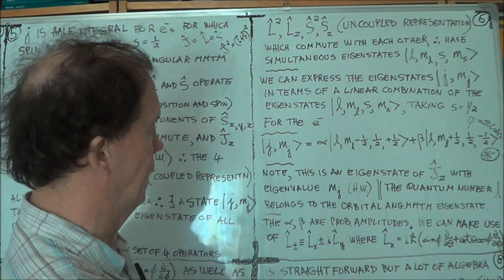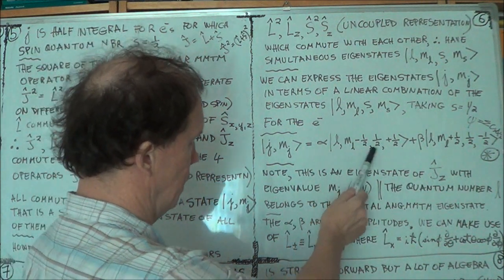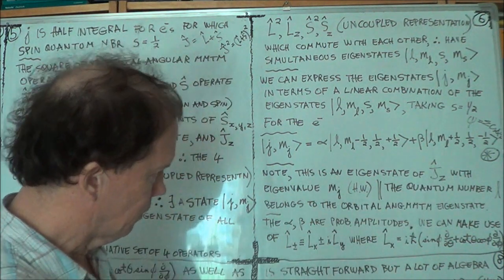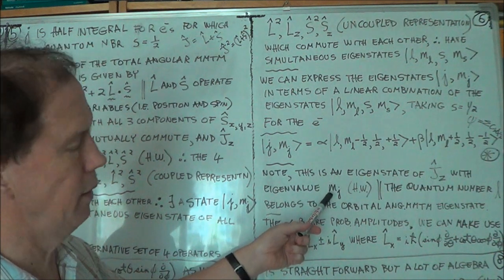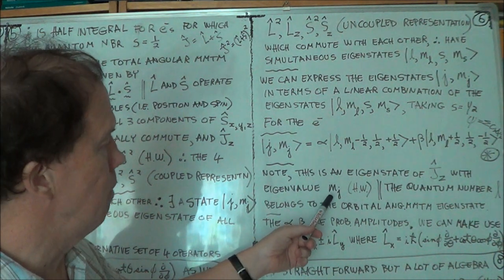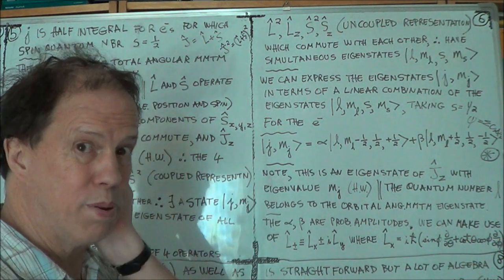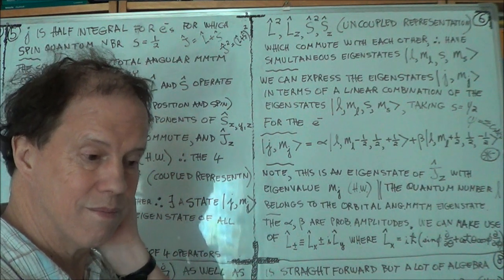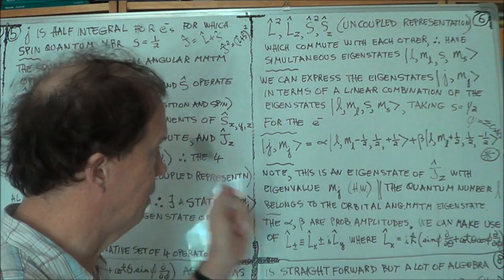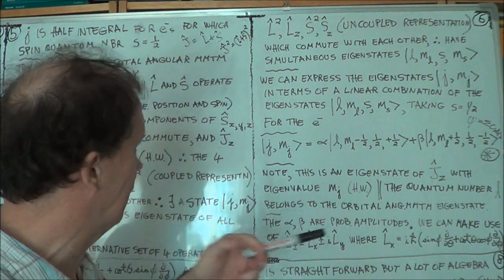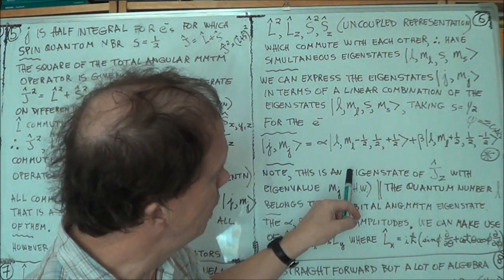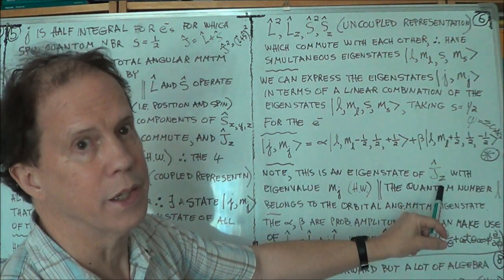Now, how do you get mj from these? I assume mj will be ml plus ms. I guess that's implied. Write out your eigenequation.